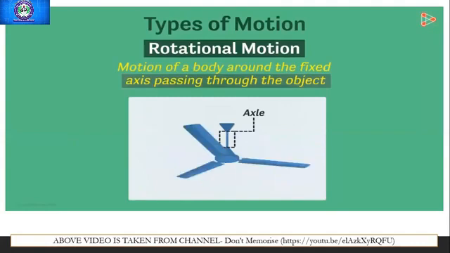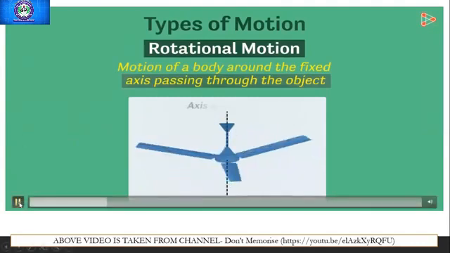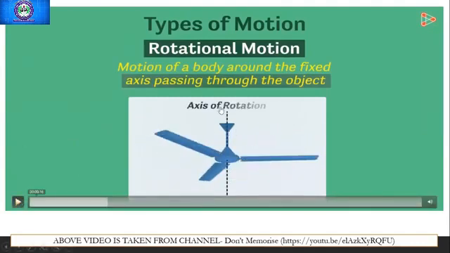So you see that if I draw a hypothetical line called the axis, rotational motion means anything which is not moving from its place but is revolving, right? मतलब वो अपने आप में ही घूम रहा है, जैसे कि लट्टू है, उसको आप छोड़ देते हैं तो वो अपने एक्सिस पे ही घूमता रहता है, मतलब it does not change its position but it is moving round and round, है ना, like the rotational motion of the earth.